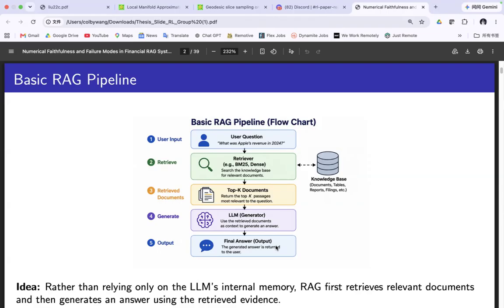Retrieval-augmented generation was invented because large language models sometimes hallucinate and invent stuff. If we give them a knowledge base, it's less likely they'll produce hallucinated content because they retrieve the relevant documents first and then generate an answer using the retrieved evidence. This allows the LLM to not rely on just its internal memory.